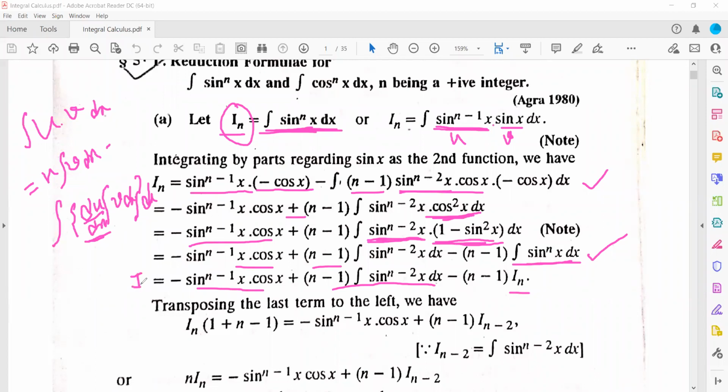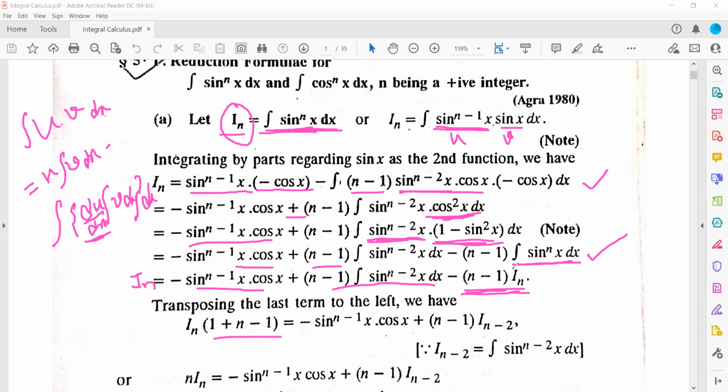Left side is already In. Okay, so the last term, take it to the left side. It will be minus, so it will become plus. So then you take In common. So here, 1 plus n minus 1 into In.